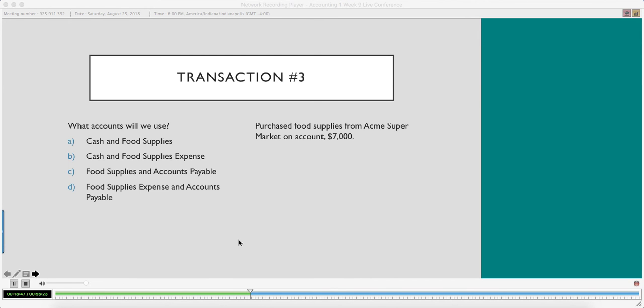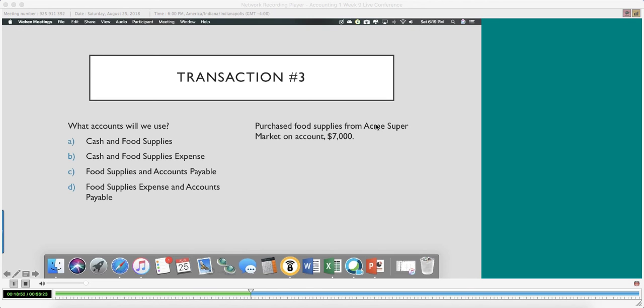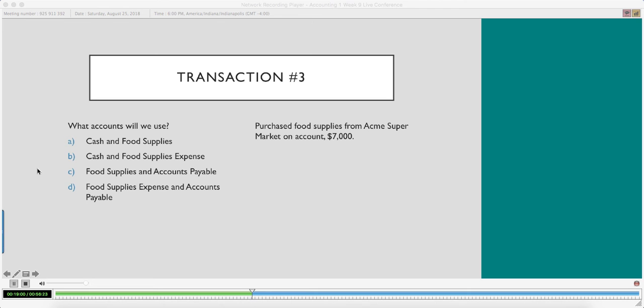So here is one that we've had a lot of practice with throughout the quarter. We purchased food supplies from Acme Market on account for $7,000. So what two accounts are we going to use when we purchase the food supplies?